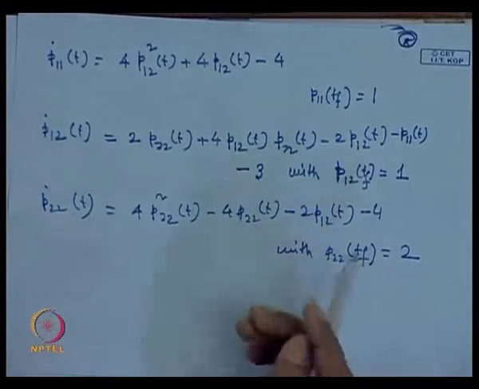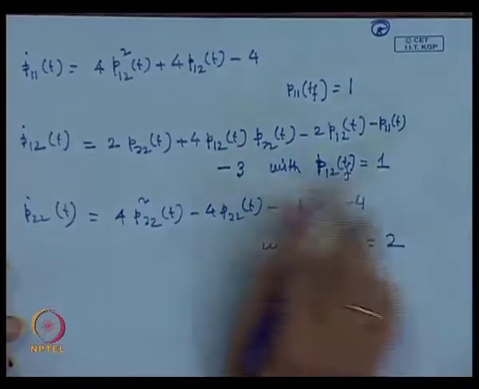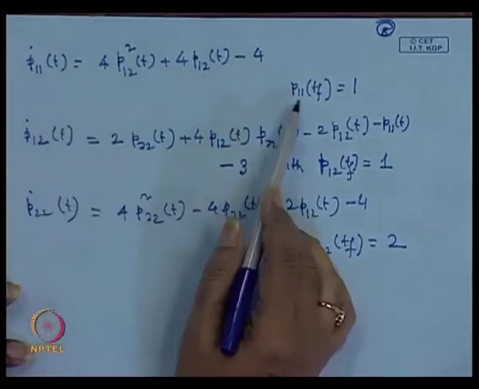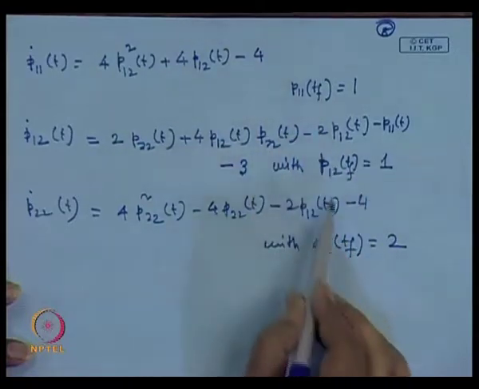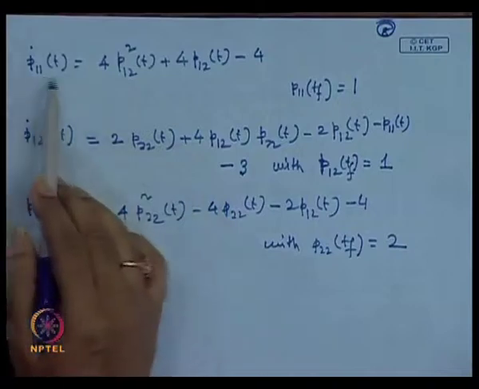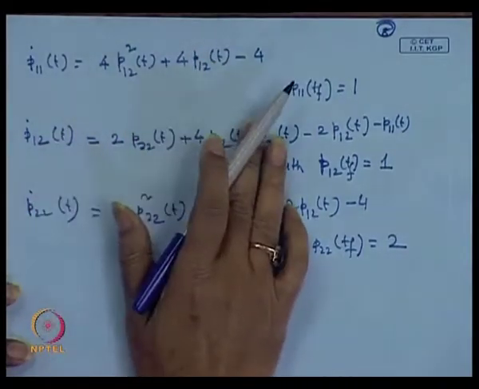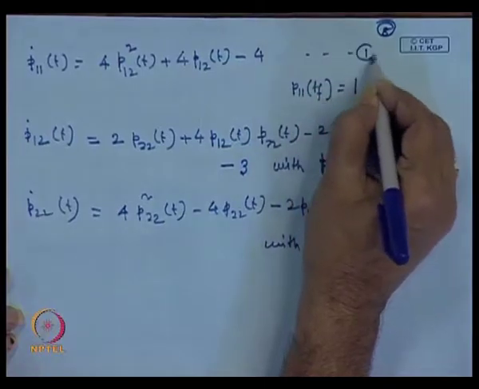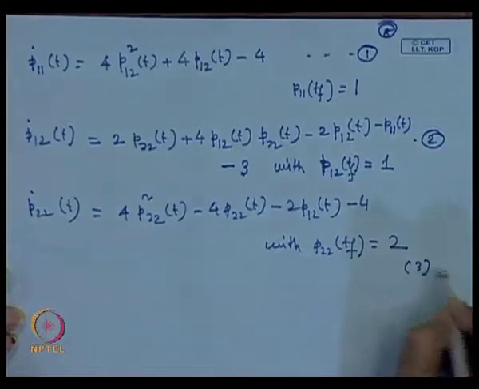For solving this, we must know the boundary condition, and we know the final terminal condition of the matrix P, each element of P. So we have to do backward integration. These are nonlinear dynamic differential equations. Let us call this equation number 1, this equation number 2, and this equation number 3.